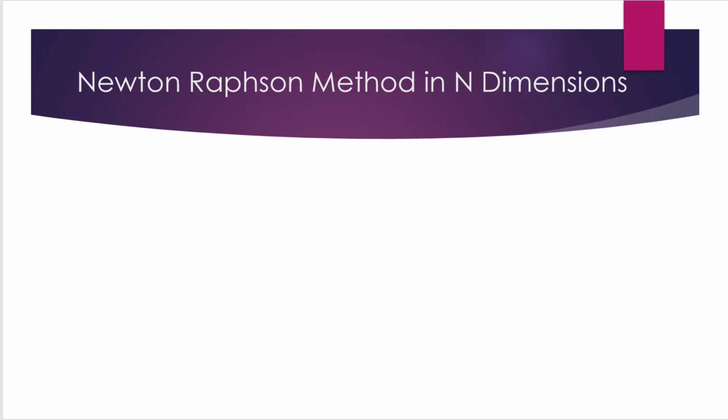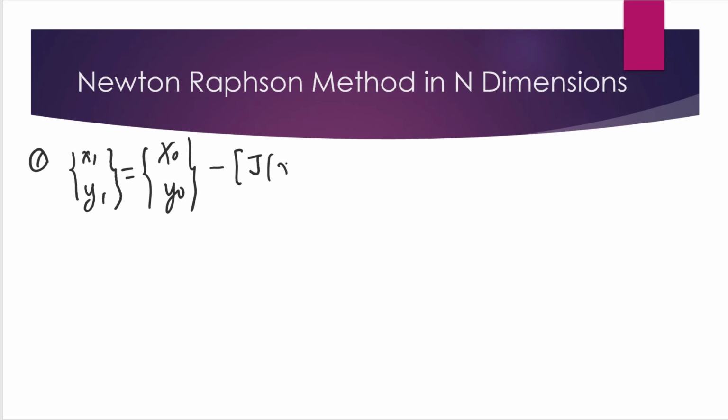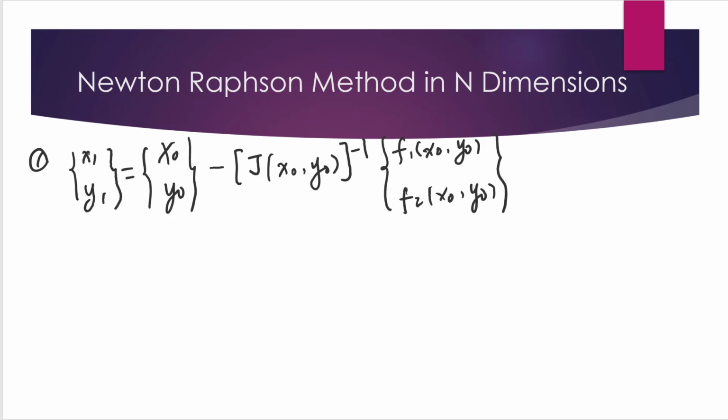Let's do the first iteration. The formula is [x1, y1] equal to [x0, y0] minus the Jacobian inverse evaluated at x0, y0 times the function values evaluated at x0, y0, that is f1 at x0, y0 and f2 at x0, y0.